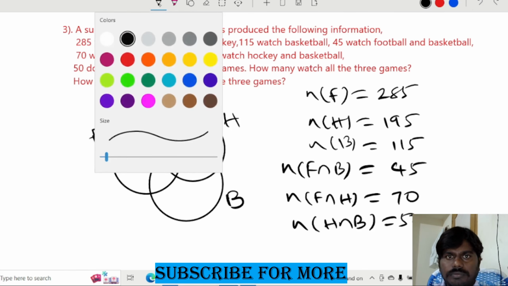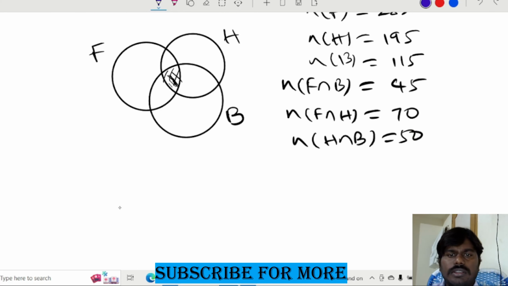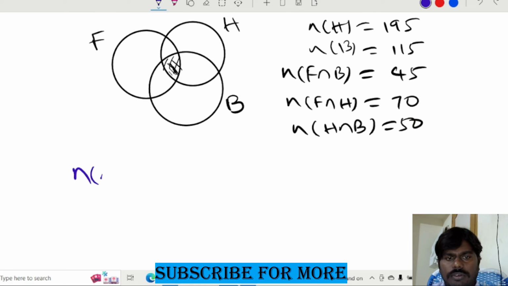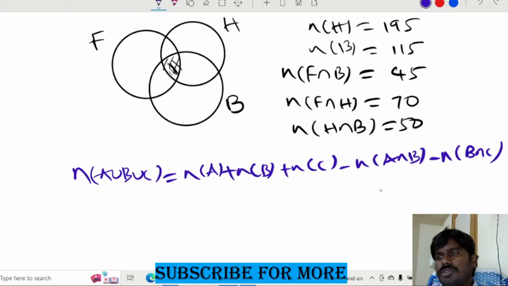So how can we find out? Here we can use the formula: n(A union B union C) is equal to n(A) plus n(B) plus n(C) minus n(A intersection B) minus n(B intersection C) minus n(C intersection A) plus n(A intersection B intersection C).